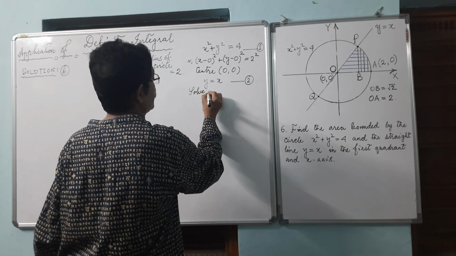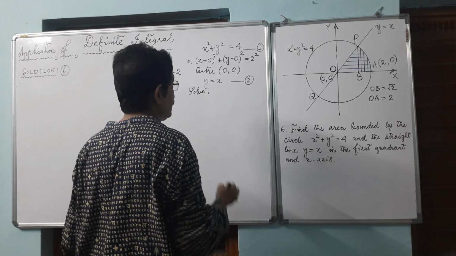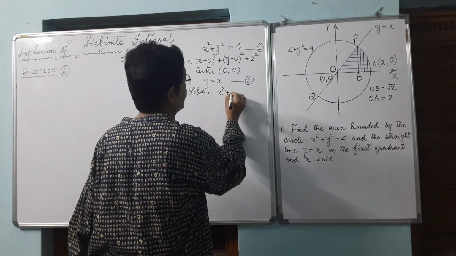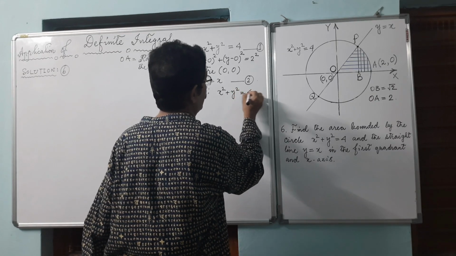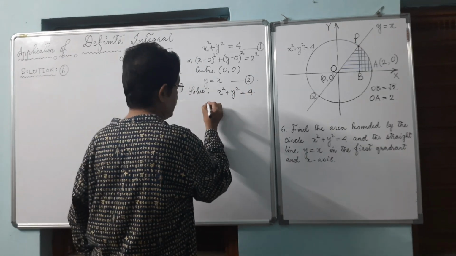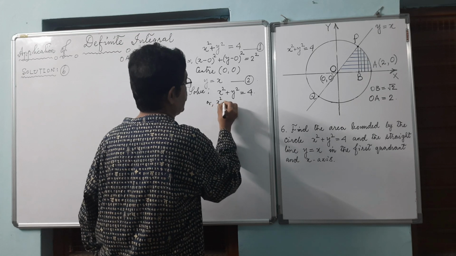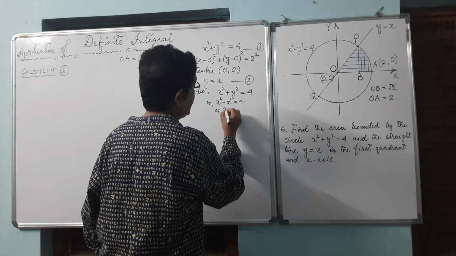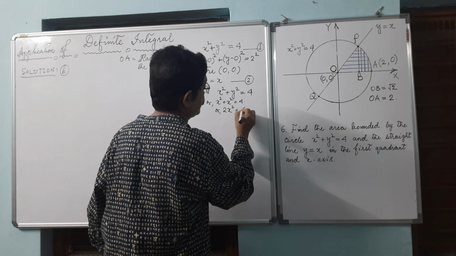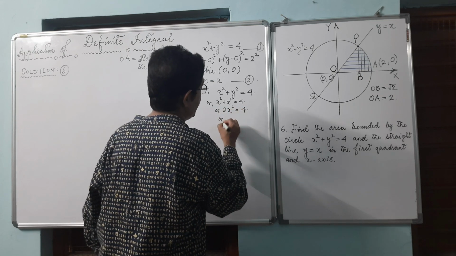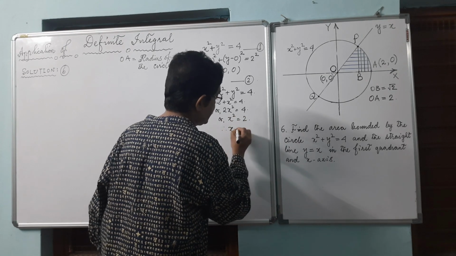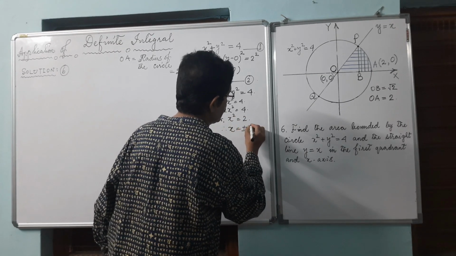what do we get? Substitute y equals to x in equation 1, x square plus y square equals to 4, so that we get x square plus x square equals to 4, or twice x square equals to 4, which gives x square equals to 2, and finally x equals to plus minus root 2.